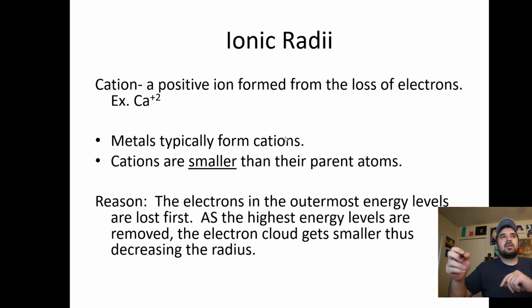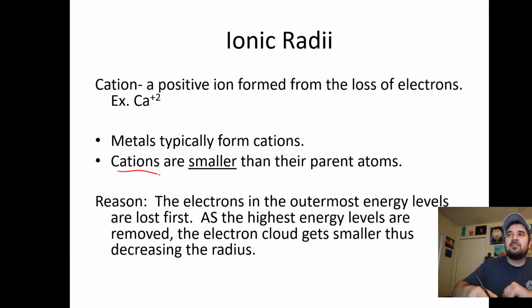All right, so last thing we're going to talk about as we discuss atomic radii is going to be cations and anions. So that's the reason we talked about ions before. So ions are elements that lost electrons. When they lose electrons, do they get smaller or do they get larger? There's a basic rule. If you know this one rule, then you'll be able to answer all questions like this.